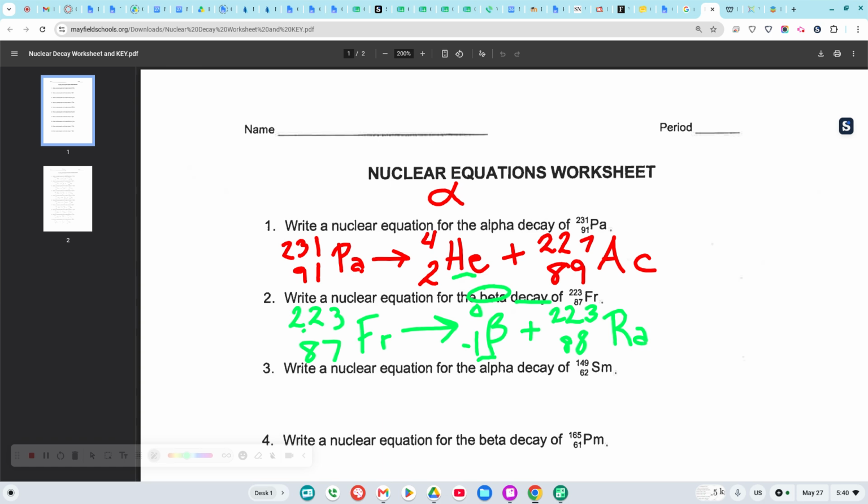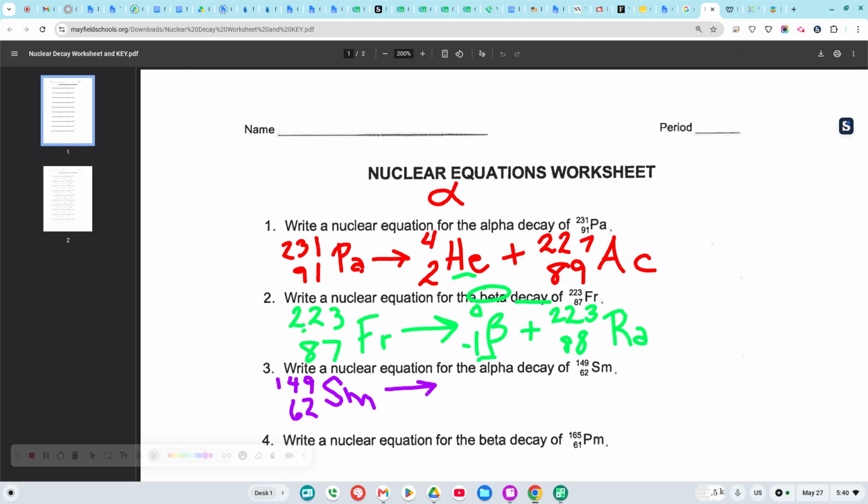Now let's look at this next one. Write a nuclear equation for the alpha decay of samarium-149. So we have 149 as our mass. Our mass always goes up top left. The atomic number, the number of protons, bottom left.